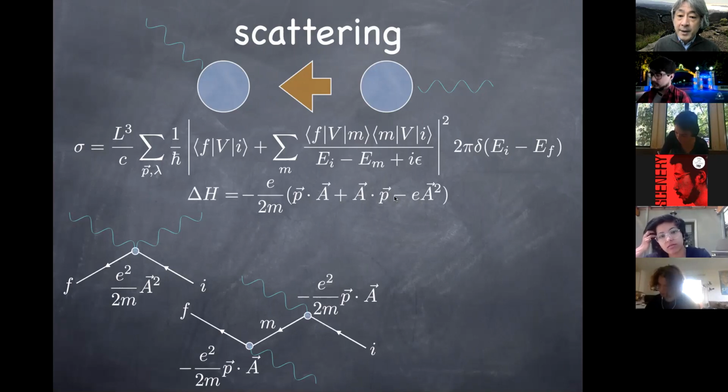And this interaction Hamiltonian has only a single power of the vector potential. So either only one power of an annihilation operator or one power of a creation operator. So what it can do is absorb a photon or emit a photon, but it can't scatter a photon like this one, as we see for the first term in this diagram.